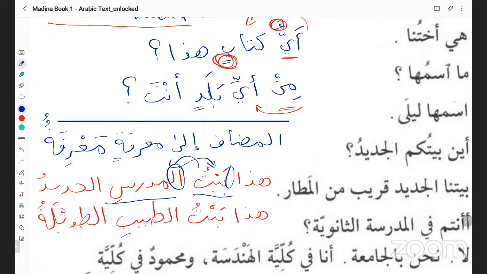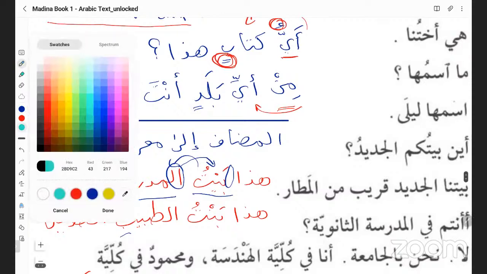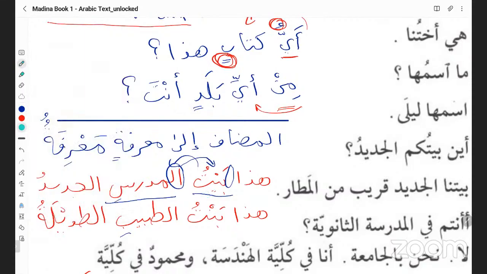Why do we have to know this? Because if you want to describe bait in this instance, then we will describe it as a definite word. So we will say هذا بيت المدرس. And I want to speak more about bait. I want to say the new.